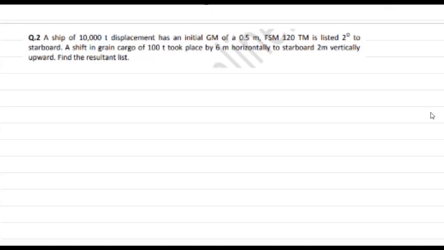First we will make a table. How is it shifting? If we want, we can draw the diagram. We can draw it simply with the free hand also. The grain cargo of 100 ton shifted by 6 meter horizontally to starboard and 2 meter vertically upward, like this. The grain has been shifted like this.